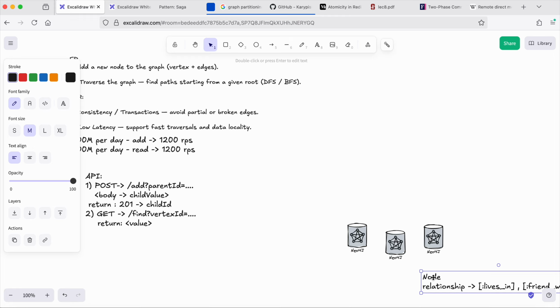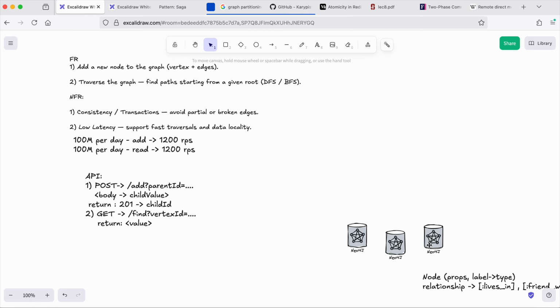For example, both nodes and relationships can have attributes, like node Alice, age 30, and stuff like that. And the label, like here we should have the properties and label. This is the type of the node, for example, person or movie or some connection and the stuff like that.